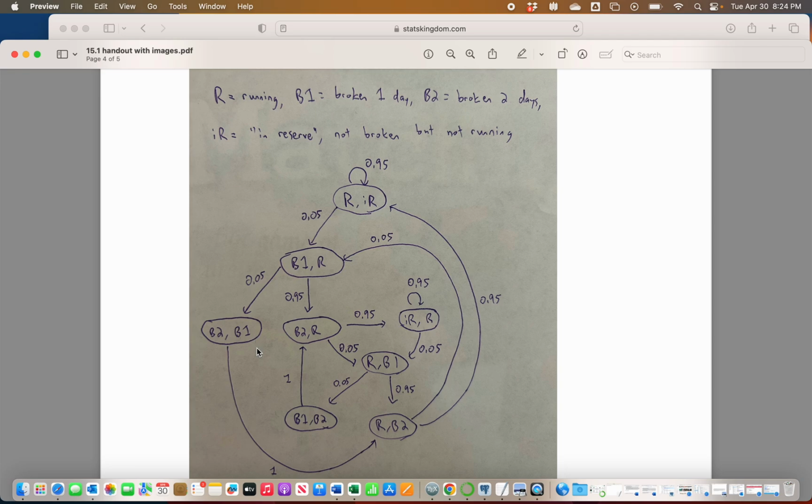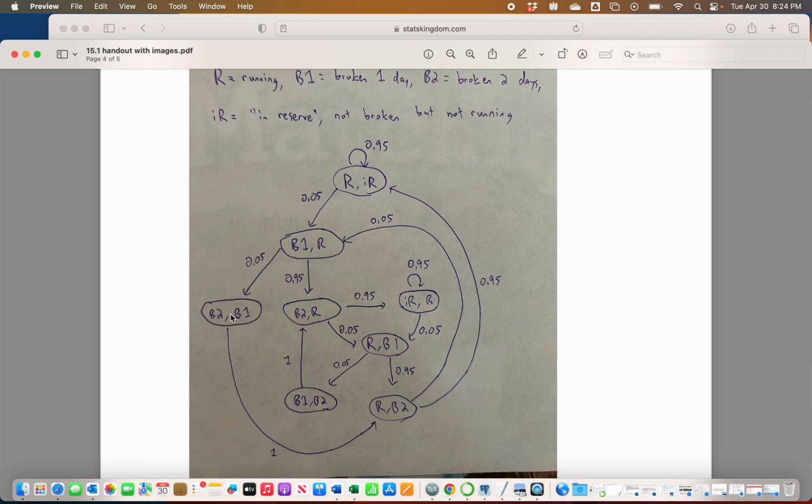That's kind of a different state. Like you can't just say they're both broken. You have to keep track of how long they've been broken. But notice if you're in this state, if they're both broken, but machine 1 is about to be fixed, then the next day you're guaranteed that machine 1 is fixed and machine 2 enters its second day of repairs.